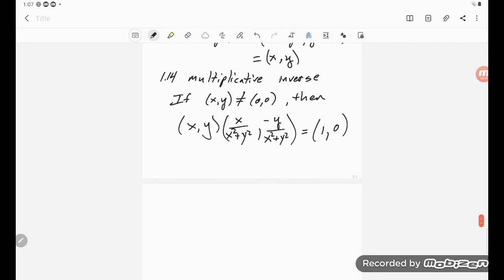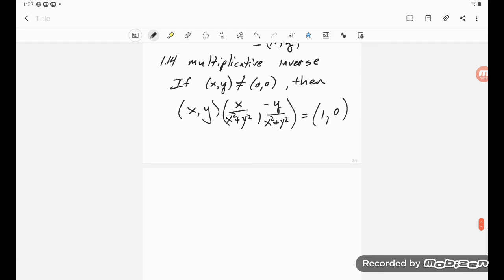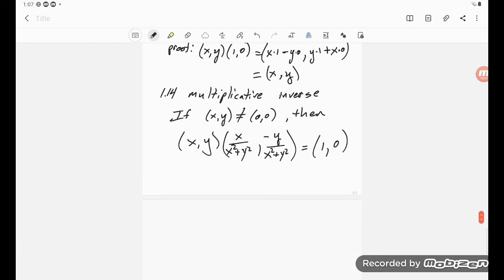And so that's how you could do a division, by multiplying by the multiplicative inverse.